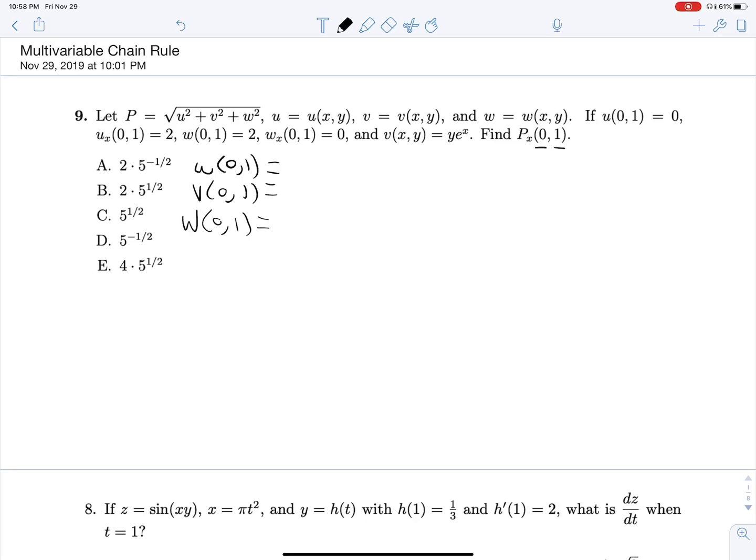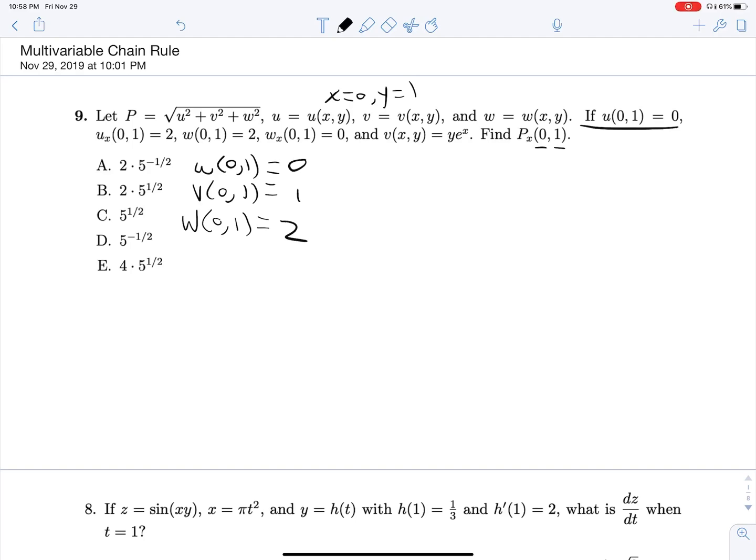So if x is 0 and y is 1, well, I hate how this question organizes their information. Well, we're given that u of 0, 1 is 0. And so that's nice. We also see that w of 0, 1 is 2, and that v is given by y e to the x. And so that's going to be 1 e to the 0, or just 1.